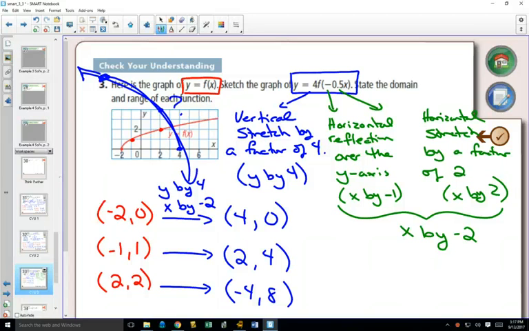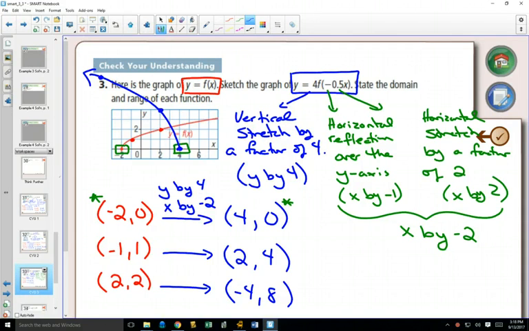How do we know? Well, what I find helpful is thinking about the key point, this -2, 0. Which point is that once we change it? That means this is the key starting point on our blue graph. And if that's the key starting point, if I put my pen on that one to start, then I know it has to go this way to graph it.